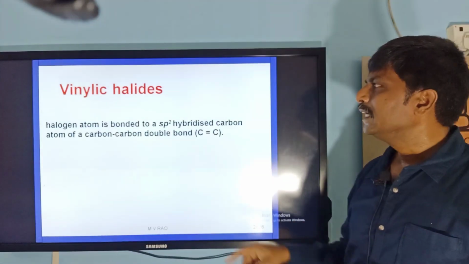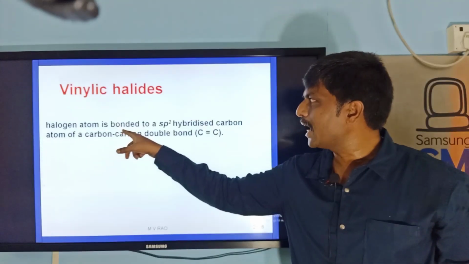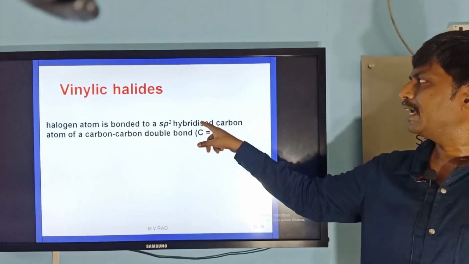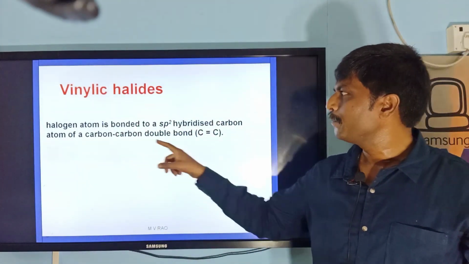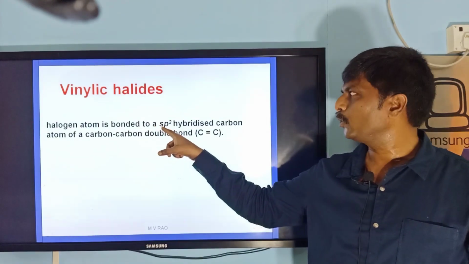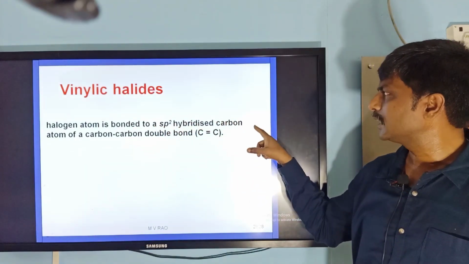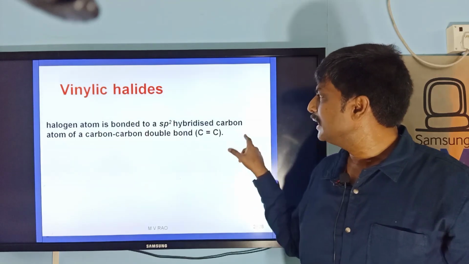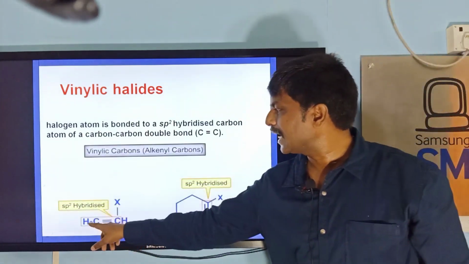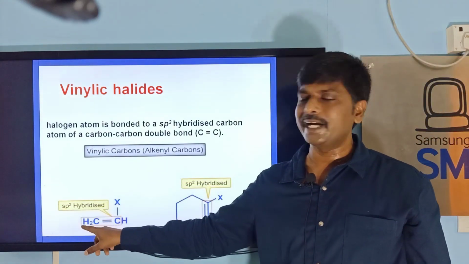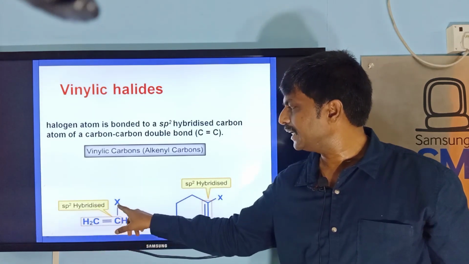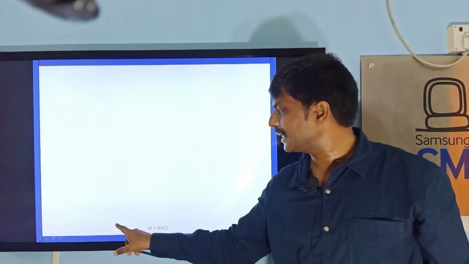Vinyl halides. In vinyl halides, the halogen atom is bonded to an sp2 hybridized carbon that is involved in a double bond. The general formula of vinyl halides is CH2=CHX, where X is the halogen directly attached.